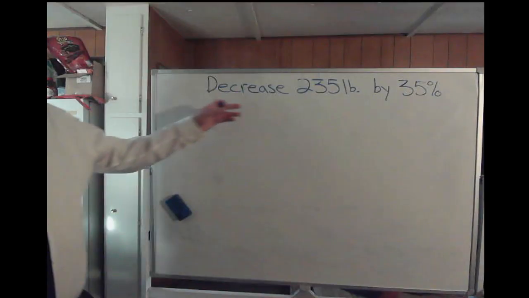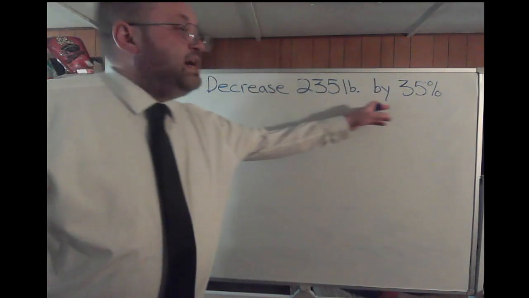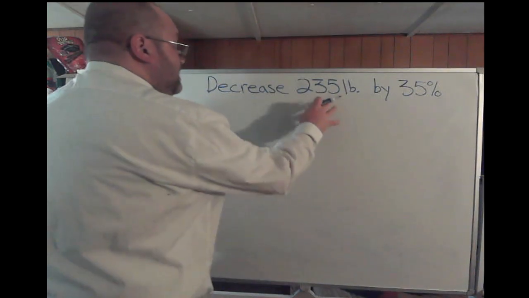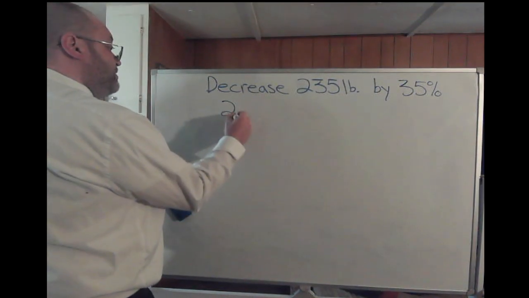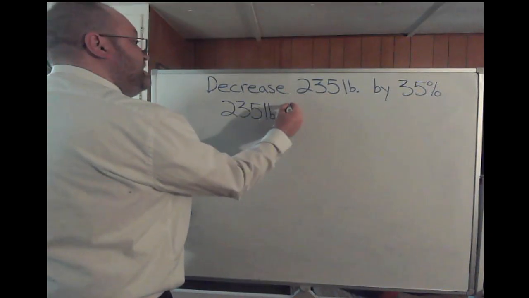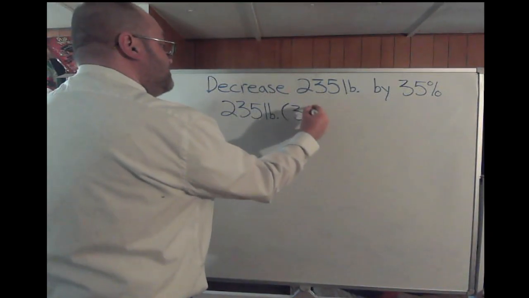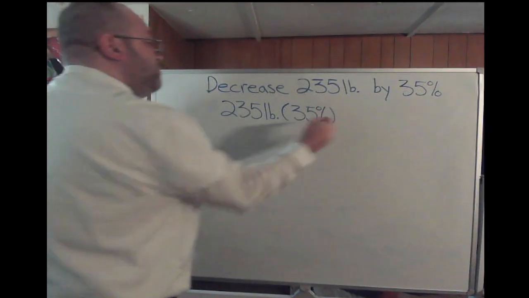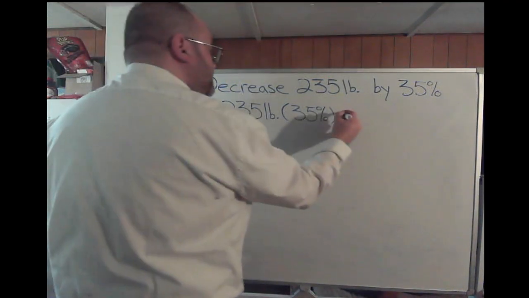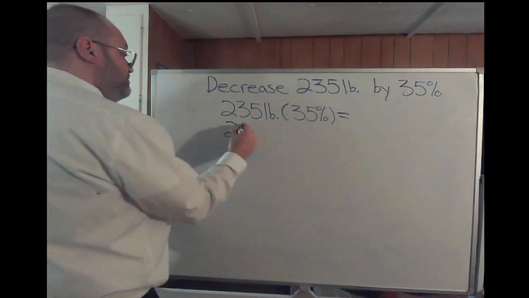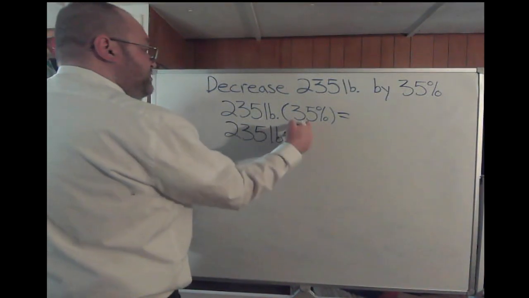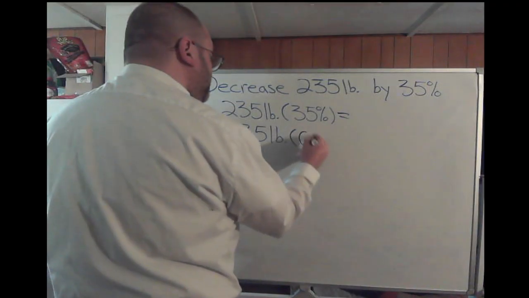So I'm going to decrease my weight of 235 pounds by 35%. I still need to take my original number, 235 pounds, and multiply it by 35%, because I need to decrease my weight by 35% of that 235 pounds. That's the same as multiplying by 35% as a decimal, which is 0.35.